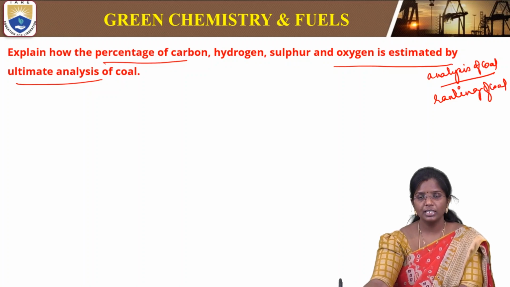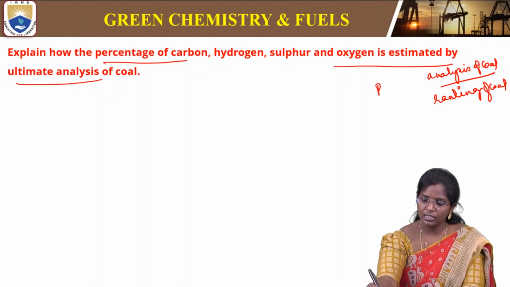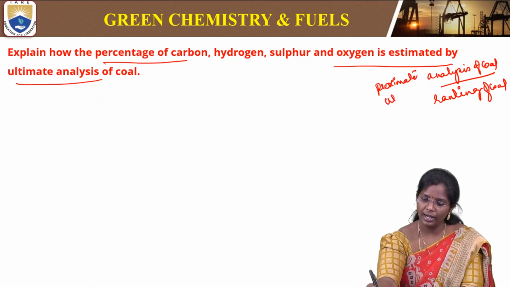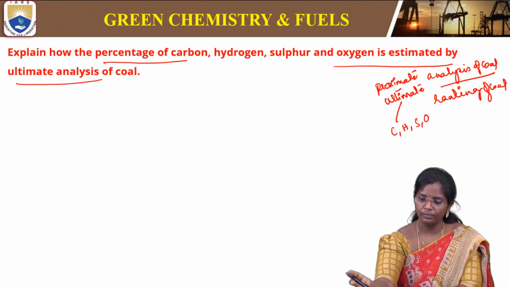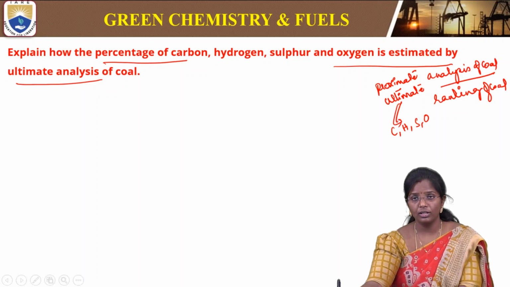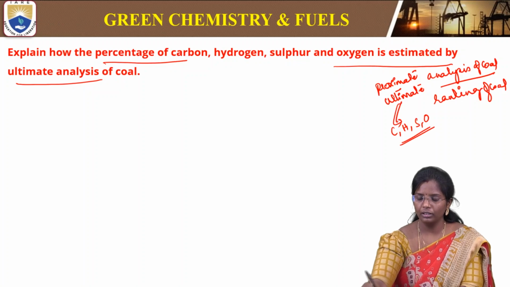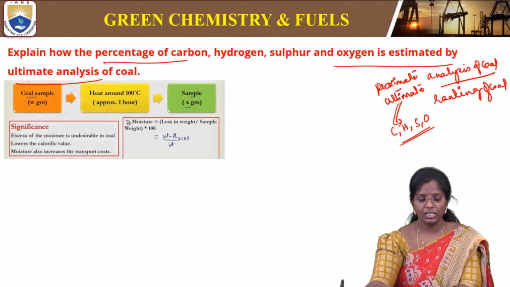So we have several aspects like proximate analysis and ultimate analysis. In ultimate analysis, we do carbon, hydrogen, sulfur and oxygen analysis for that particular coal sample. So we will see how it is done.